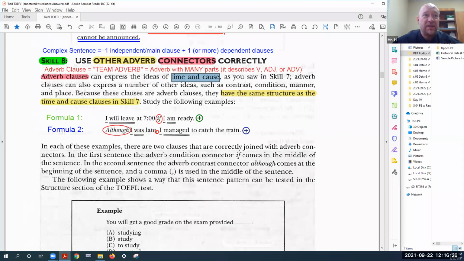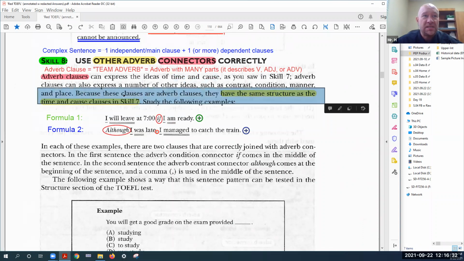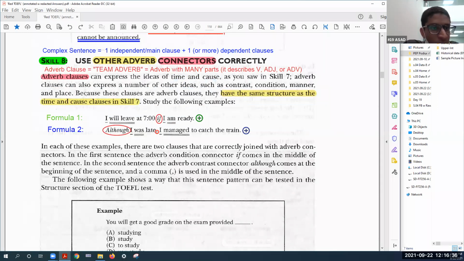That was skill 7, but now we're doing skill 8. Keep reading. Adverb clauses of contrast, condition, manner, and place have the same structure as the time and cause clauses in skill 7.